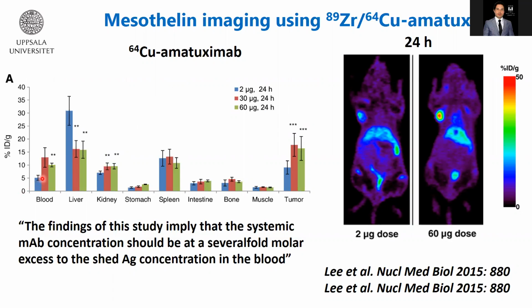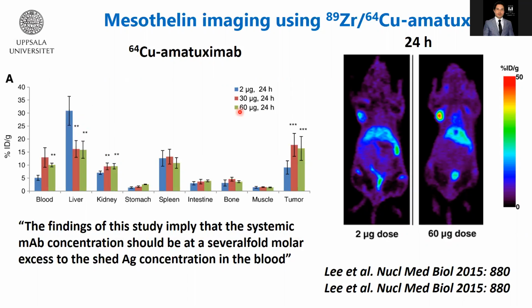In this case, when too small an amount of antibody, just 2 microgram, has been injected, activity in blood was pretty low, activity in tumor was not very high, but there was a lot of activity in the liver. And activity in the liver indicates that this antibody met mesothelin in circulation, and this immunocomplex was dragged into the liver.